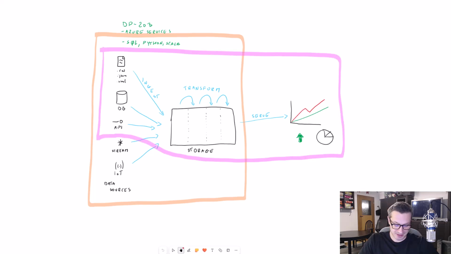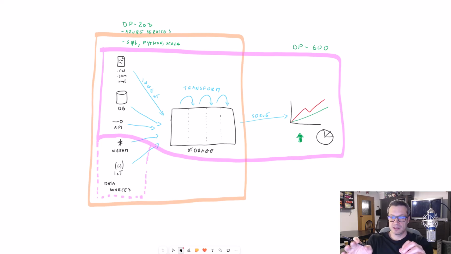So this is DP-600, which is Fabric Analytics Engineer. But as you saw in this study guide, what they did was to include the streaming part into it. So right now it contains basically everything, and it matches this diagram from the announcement from the blog that DP-600 sits between data engineering, the early stages, and data analytics, which is reporting and serving the data to end users.